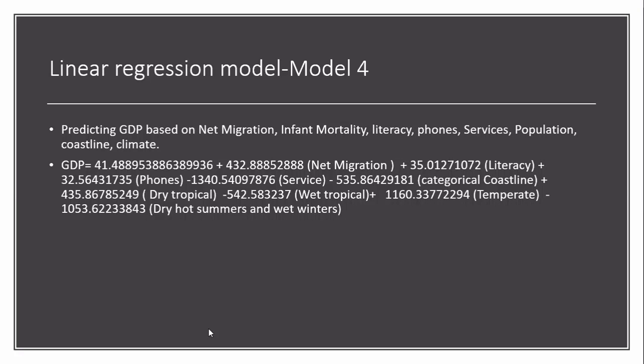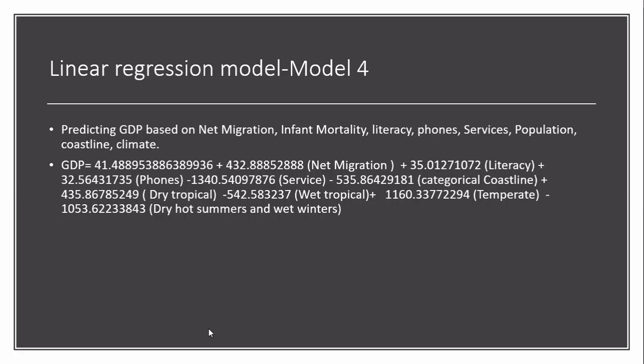So we made a decision to convert our categorical variables to indicator variables. For example, we had coastline, so we converted coastline to an indicator variable of 0s and 1s.